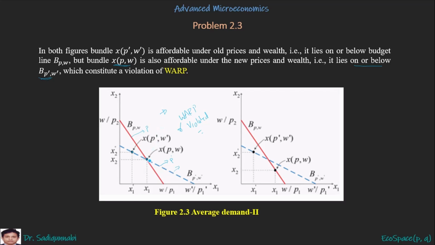What about the right hand side? Same thing. This point is under the red line, that means old budget, new bundle. Under means affordable, and if the old bundle is also affordable under the new budget, this point is lying below the dashed line, so here also WARP is violated.